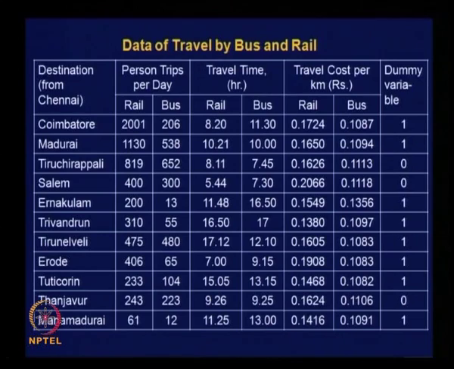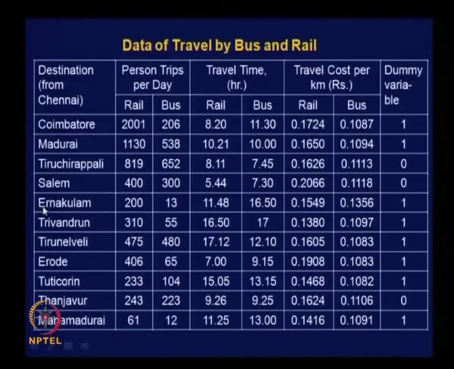And if you take interstate travel, because interstate bus service is limited, the availability of seats in the buses becomes much less. So that is also one of the factors. Okay. The system itself is like that. Because of that, you see for Ernakulam, for example, the travel time is 11.48, 200 by train and only 13 by bus.